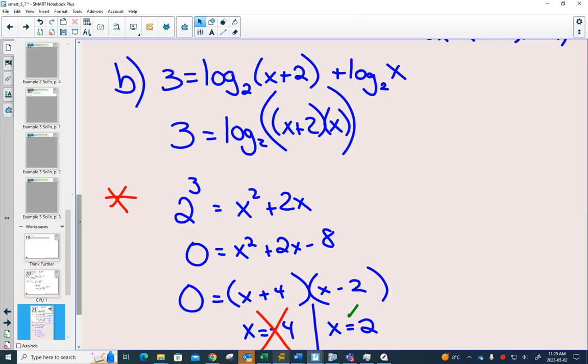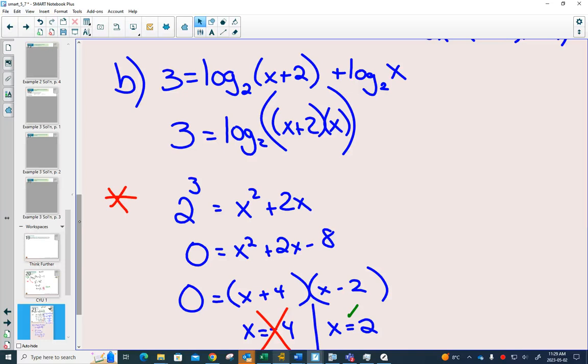That answer works. Now, at this moment, we have now solved 4 different logarithmic equations. And I'm a little bit frustrated with the textbook because they're leading you down a dangerous path. Every single time we got a negative answer, we put an X through it.